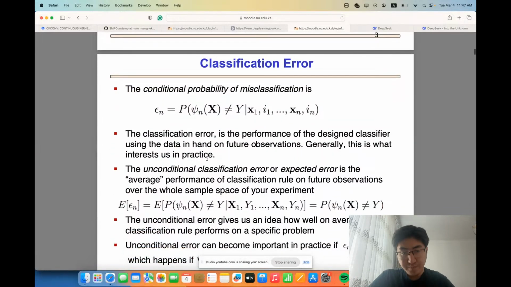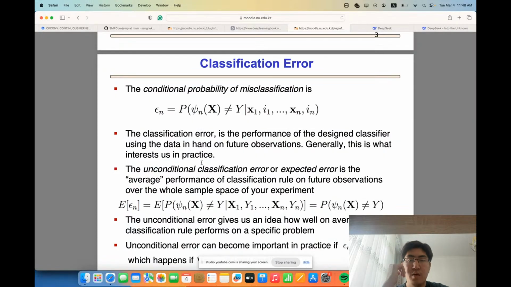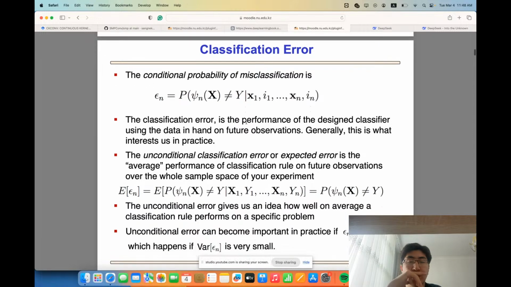Classification error. The probability of misclassification is the classification error, the performance of a designed classifier using the data in hand on future observations, right? Generally, this is what's interesting.